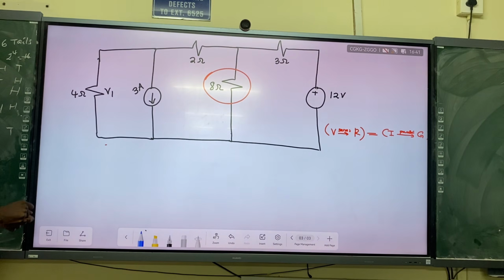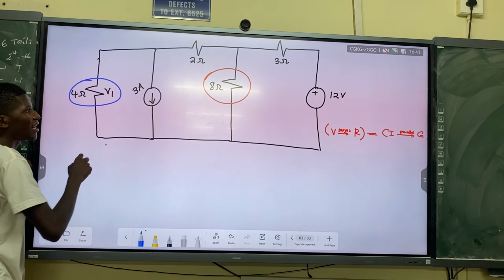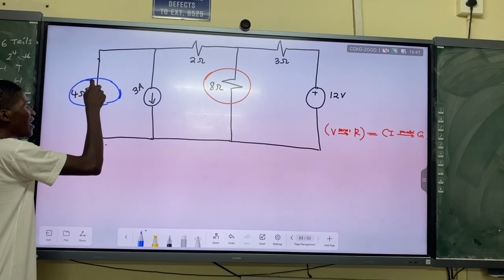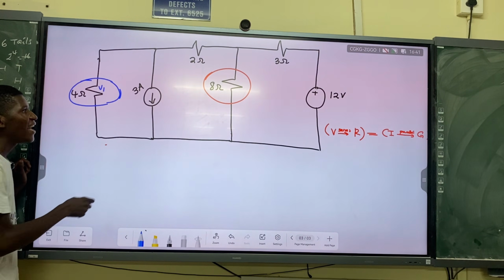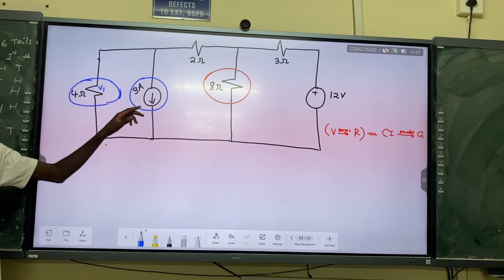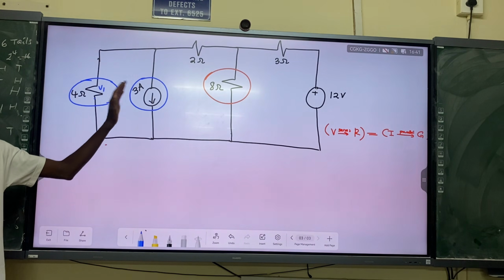Here we have this 4 ohms having the voltage V1, and here we've got the 3 amperes current source and a resistor, and they are in parallel.